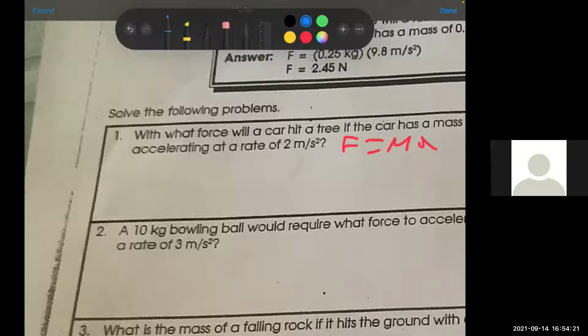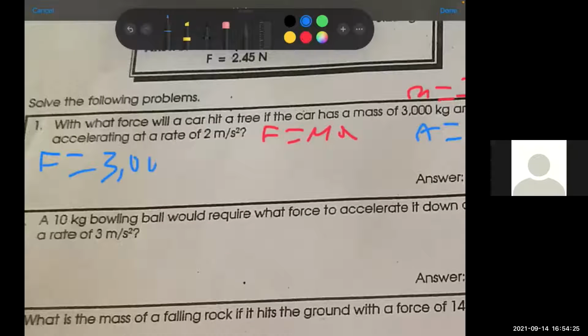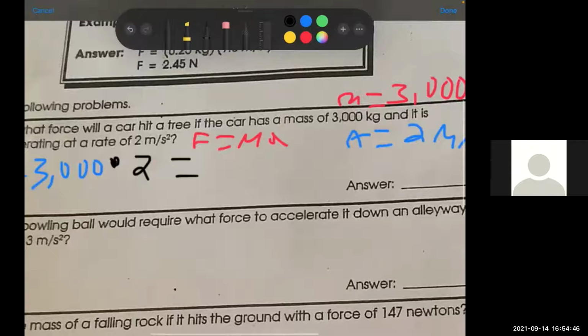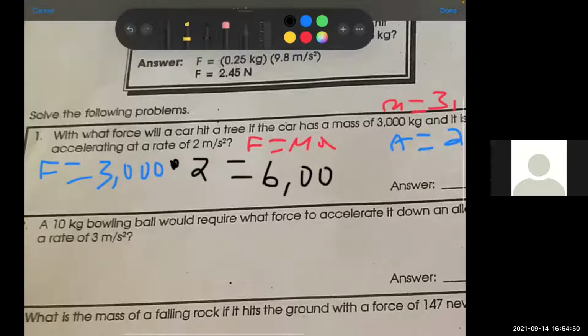So F equals 3,000 times 2, which is equal to 6,000 newtons.